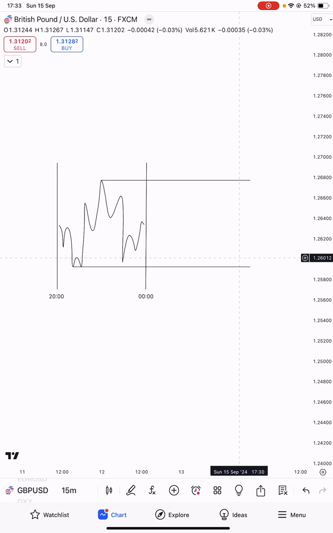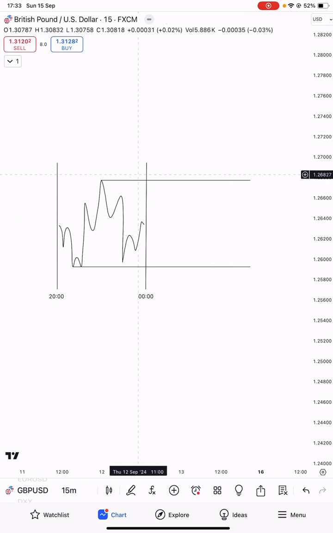Same thing as the Monday range model. I need to have a clear directional bias for the daily candle. So if I'm expecting the daily candle to deliver to the upside and be bullish, I come to the charts at almost 7 usually, my time, so it's 1 a.m. But I trade after midnight. This model happens only if I see a clear and defined Asian range, more or less.